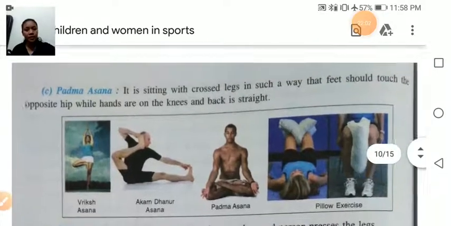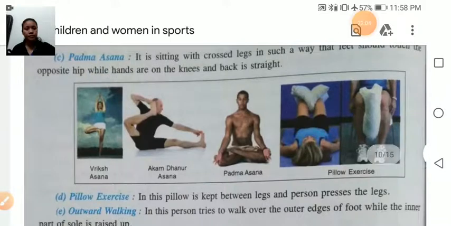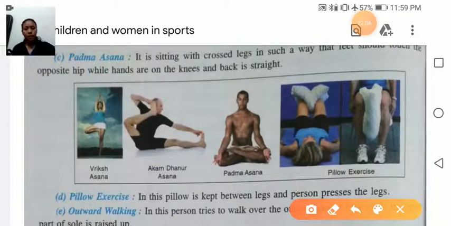This is Vriksasan. By performing Vriksasan, we can prevent our knock knee.